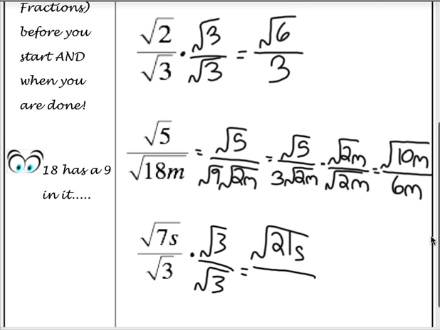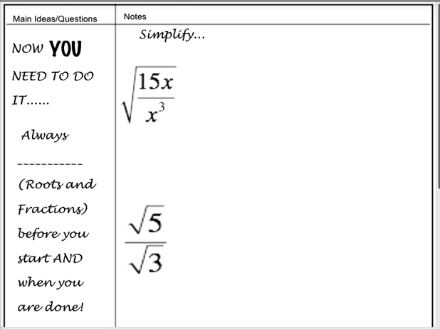Then on the bottom, a square root times itself will always just give you the number that was inside. All right. So, moving right along.